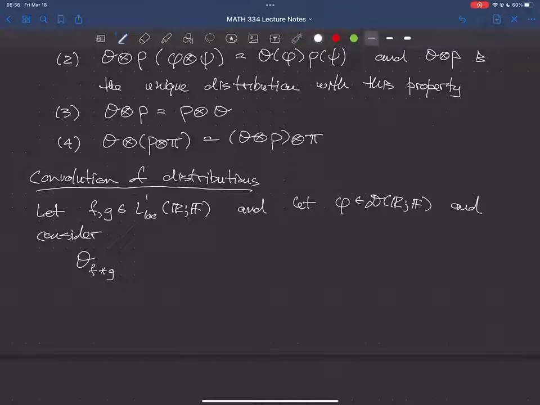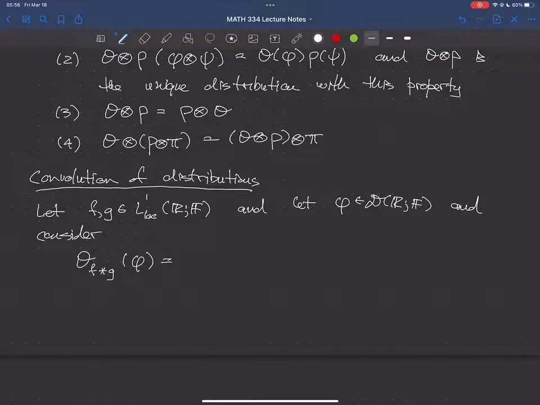The calculation that we're going to do is we're going to take this thing. We know that if f, g is convolvable, and I said it's not easy to prove, the convolution is in L1 loc. Therefore this thing makes sense, and I can feed it a test signal as an argument. So let's do some calculations.